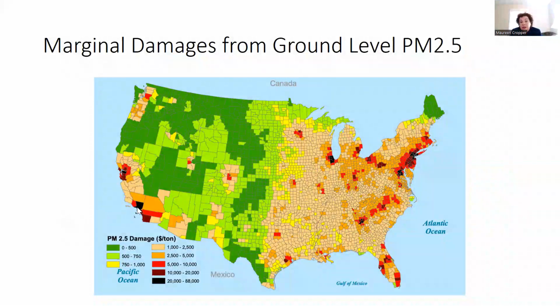What this means is a ton of PM2.5 emitted at ground level in Los Angeles County would cause between $20,000 and $88,000 in damages. A ton emitted in other places, for example, San Bernardino County, is not as damaging.